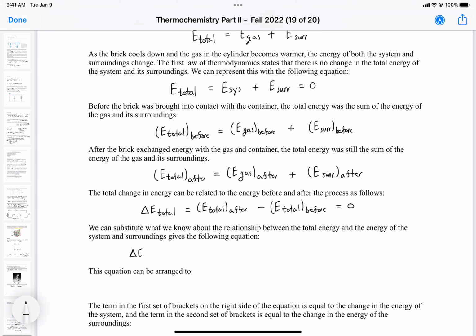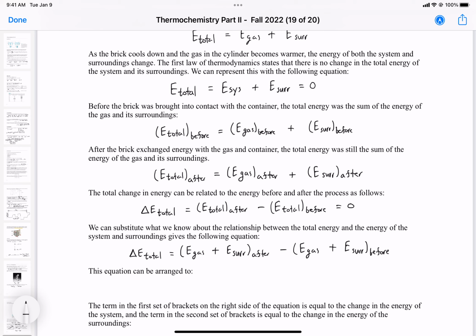Change in energy equals the energy of the gas plus the energy of the surroundings after the process, minus the energy of the gas plus the energy of the surroundings before.